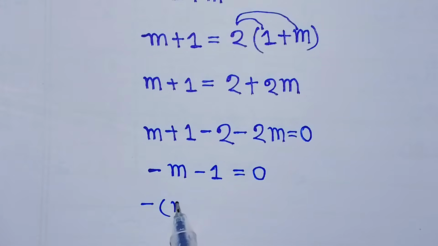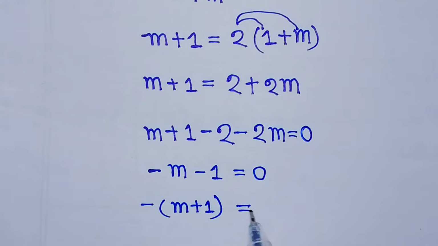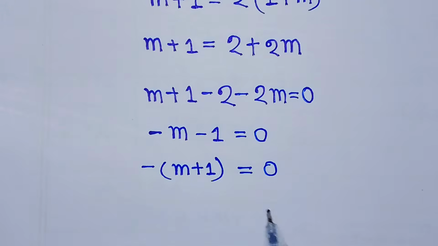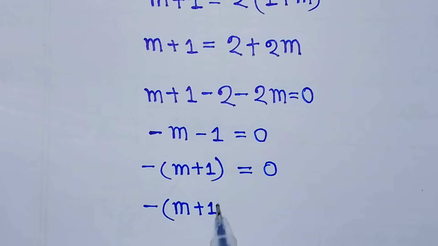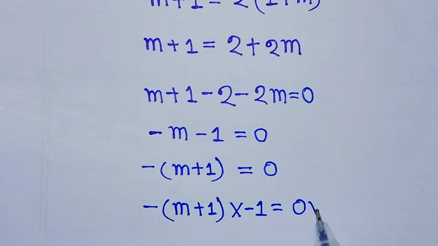So from here we can write, with common bracket -1, (m + 1) equal to 0. Now -(m + 1) times -1 is equal to 0 times -1.